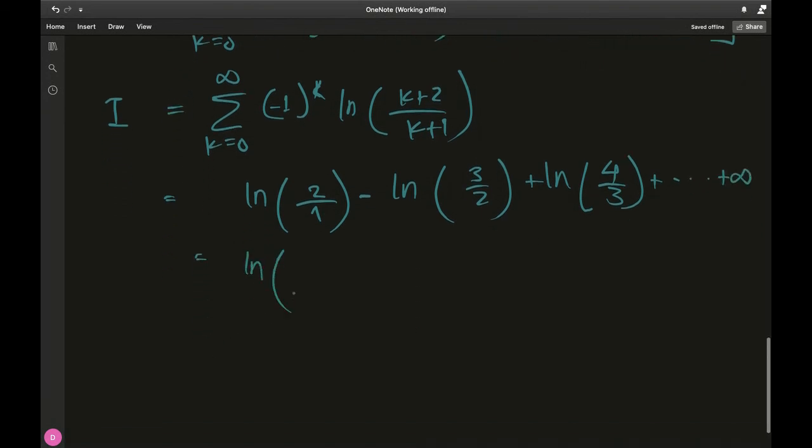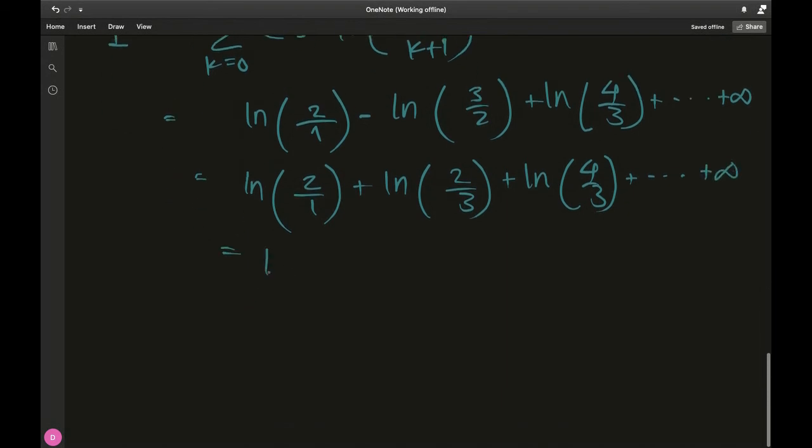So I'm going to write the negative natural logs as positive natural logs, and I'm going to flip the argument. And using again properties of natural logs, we can write them as a product. So our product basically is 2 over 1 times 2 over 3 times 4 over 3, and that goes on till infinity.